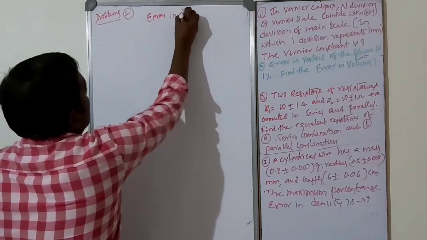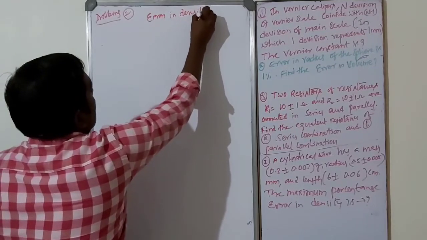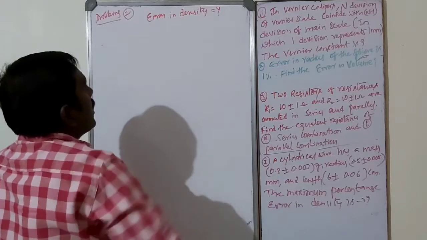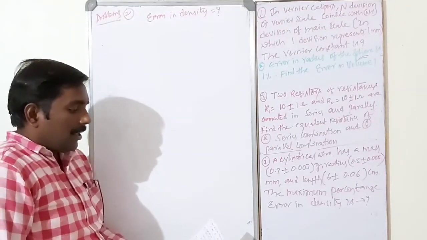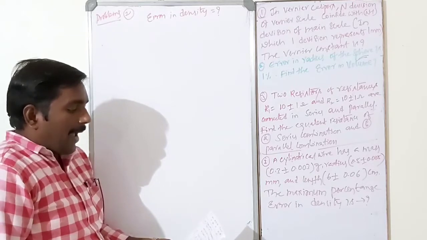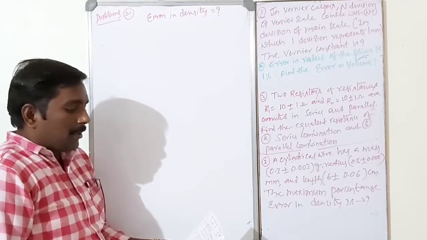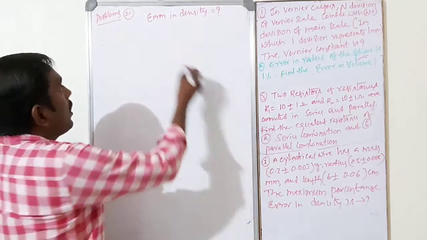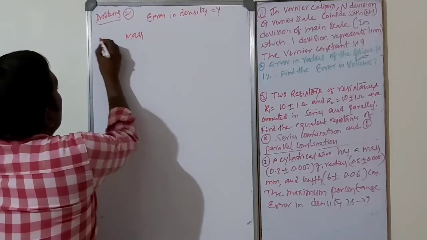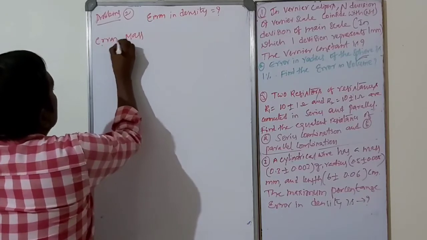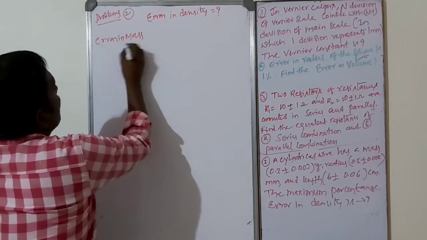So we calculate the error in density. What is the error in density of the cube, if the maximum errors in the measurement of mass and length are given? Error in mass is already given.